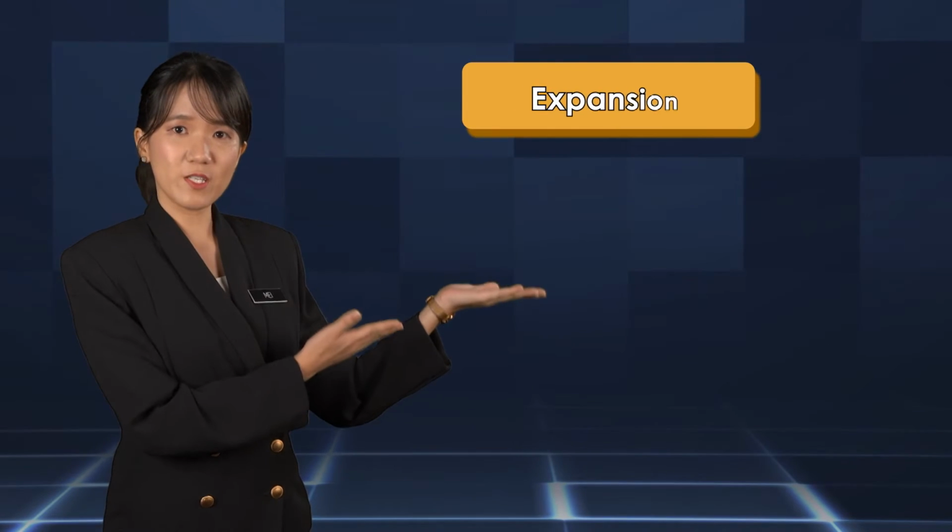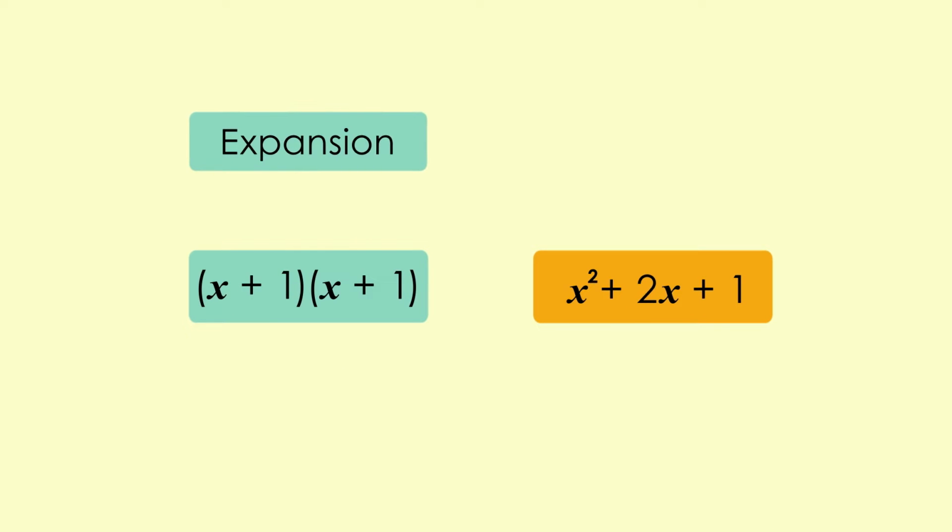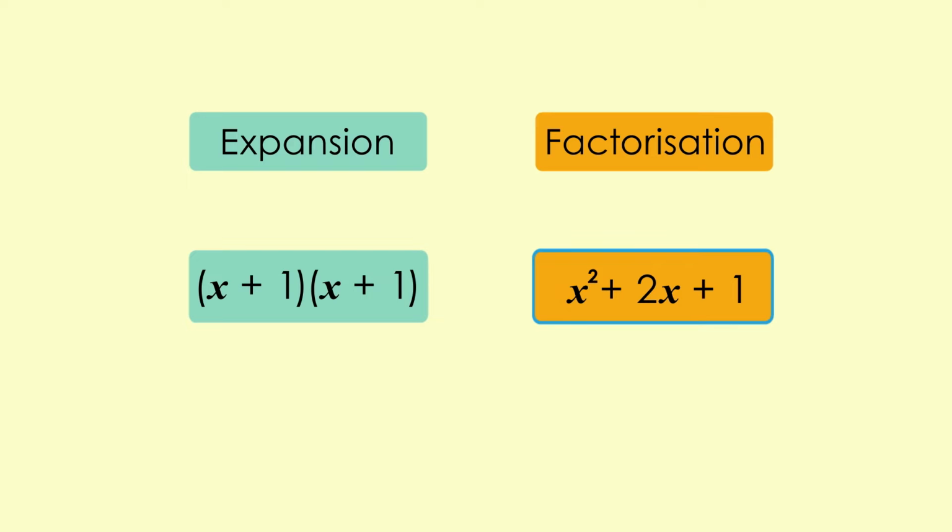Before looking into the addition and subtraction of algebraic expressions, we should be familiar with these two important terms, which are expansion and factorization. For instance, when we expand the product of (x + 1) and (x + 1), the answer is x² + 2x + 1. When we factorize x² + 2x + 1, the answer is (x + 1)(x + 1).